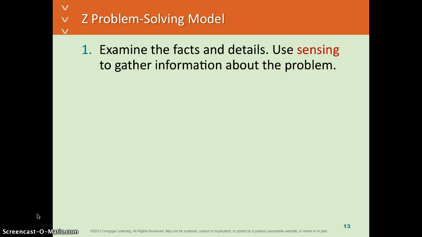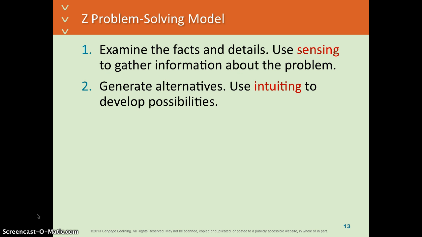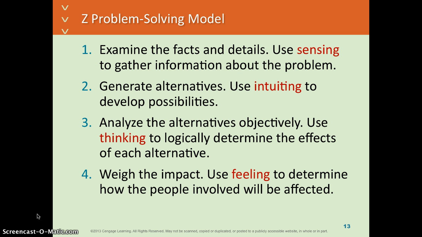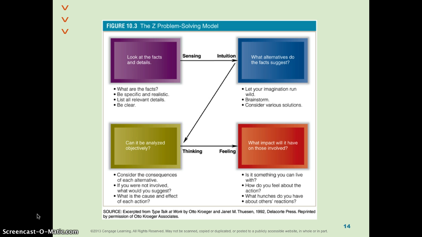The Z problem solving is in the form of a Z. You start with sensing, then you intuitively look at possibilities, think about them, get a feel for what's the best. Very good pictorial of your Z problem solving model.